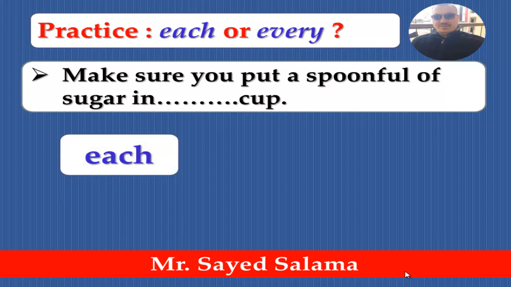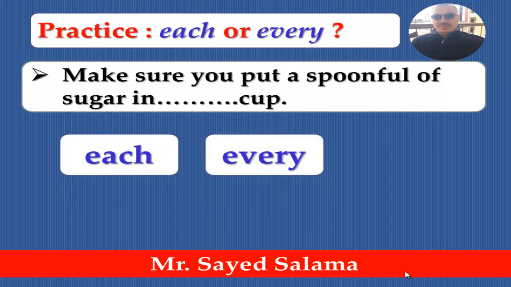Each cup, every cup. Remember that we are talking about individual cups. We are talking about separate cups. We are not talking about something or a group as a whole. I think it's very easy.